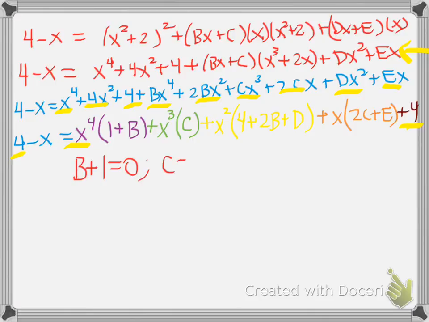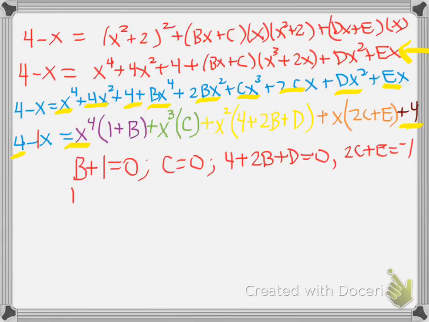No x cubed, so c is 0. No x squared, so 4 plus 2b plus d equals 0. And remember, when you don't see a number, that's really a negative 1, so 2c plus e equals negative 1.